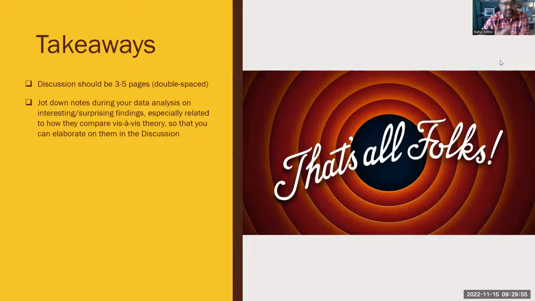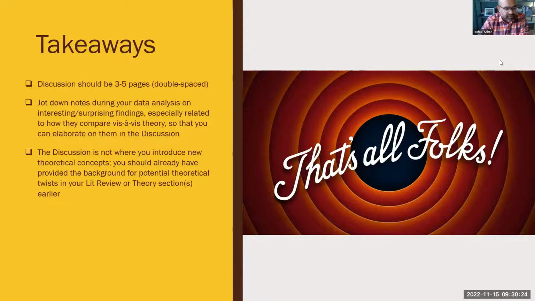This is exactly the sort of thing that you want to highlight in your theoretical implications. Or maybe you've had a light bulb moment: oh, these findings could be employed in this way by practitioners or policymakers. You want to jot those notes down so that you can elaborate on them later in this discussion section.